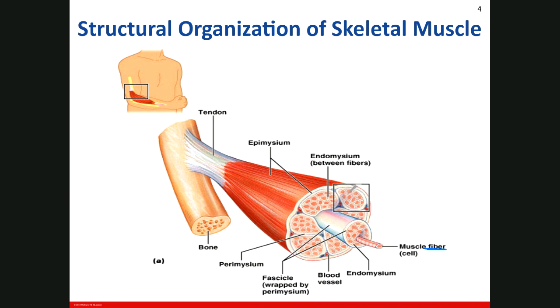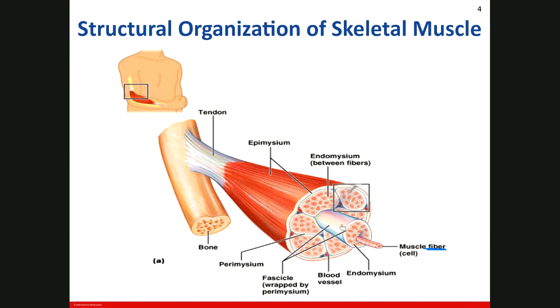Each muscle fiber is covered by endomysium. Instead of endoneurium, you need to use the word endomysium. A group of muscle fibers are covered by denser connective tissue, which we call perimysium, and this perimysium makes a muscle fascicle.